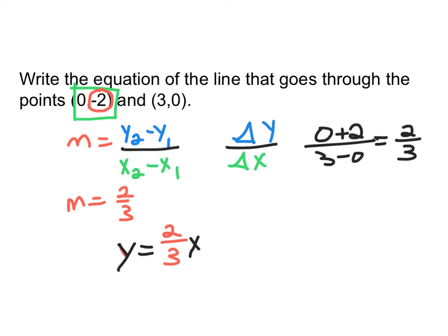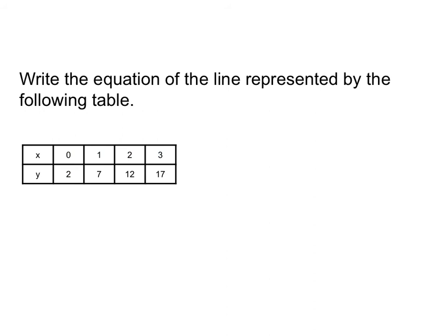So our equation is y equals 2/3 x minus 2. And that is the equation that we can write just from knowing that the graph crosses these 2 points on the graph.